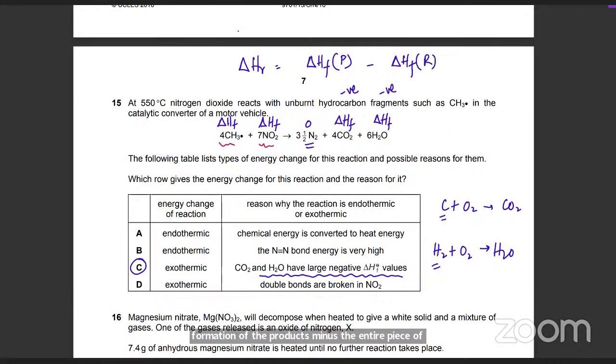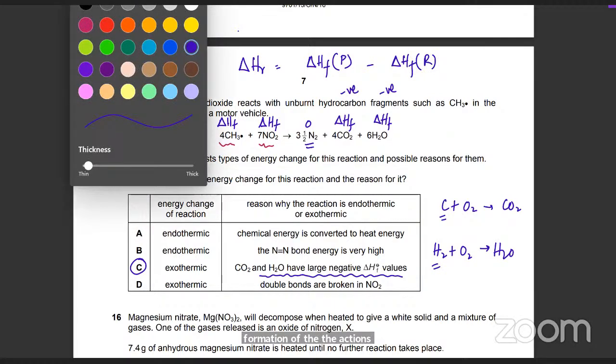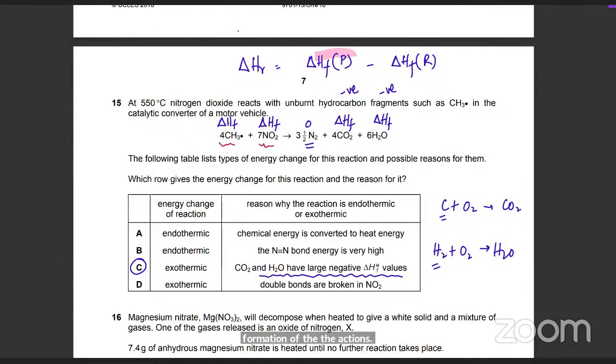So if the product enthalpy of formation is highly exothermic, then your overall enthalpy change will come out to be exothermic. If the product side has a lot of negative enthalpies, the overall enthalpy of reaction will eventually come out to be negative as well. So that makes a lot more sense. But did you understand this?